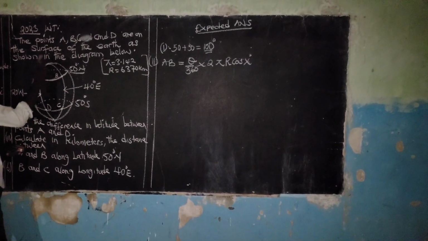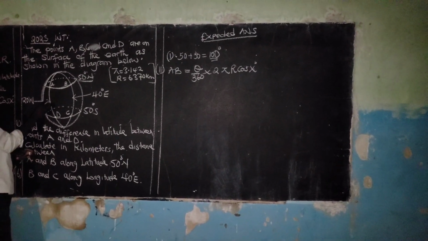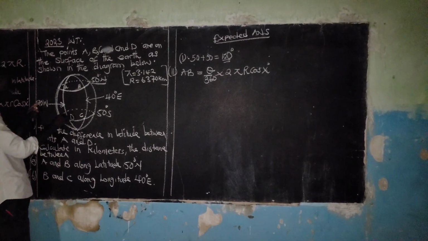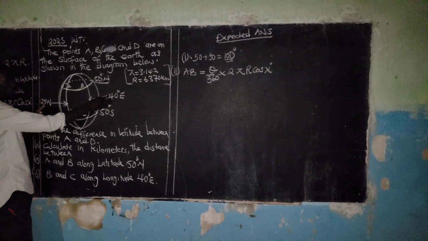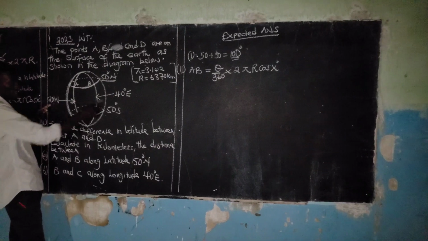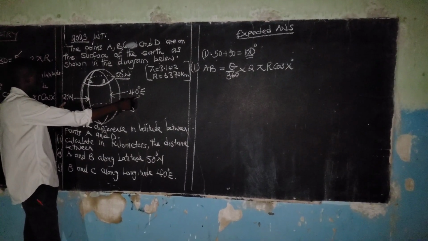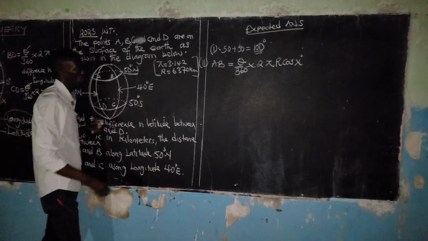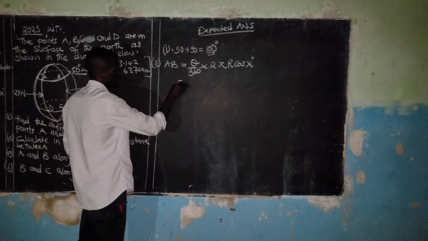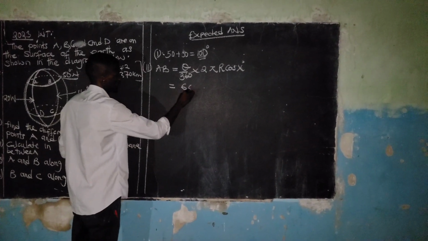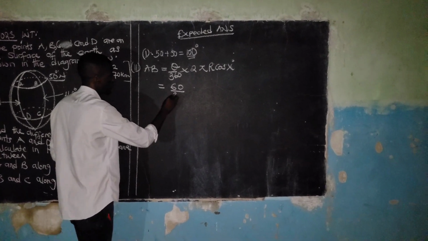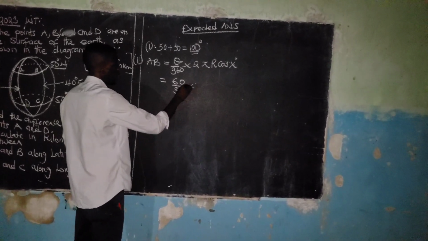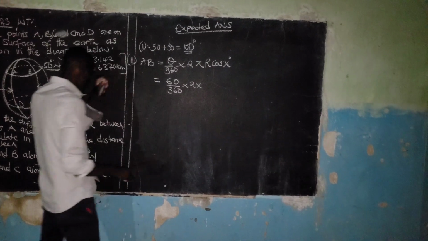They are on the same 50 degrees. The theta is the difference in longitude. The other one is on 20, the other one is on 40. So if this is west, that is east, they are not in the same hemisphere. So we are going to add 20 plus 40. So our theta will be 20 plus 40, which gives us 60 over 360 times 2 times pi.